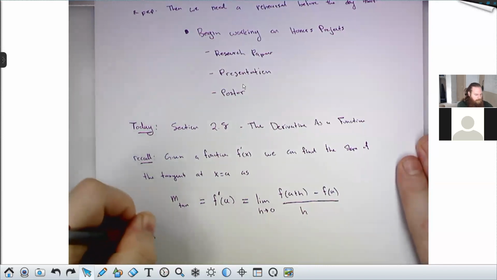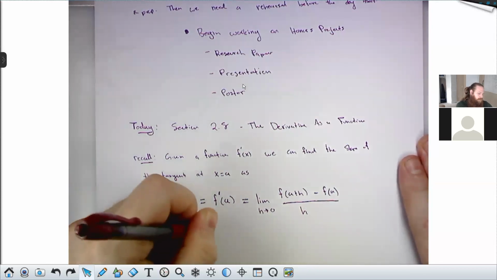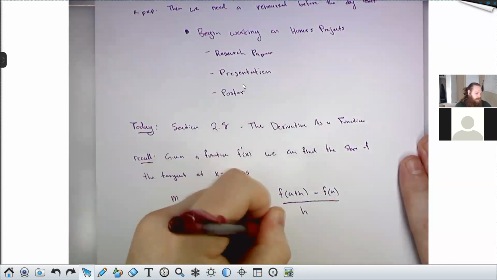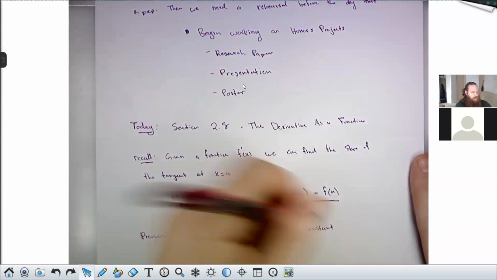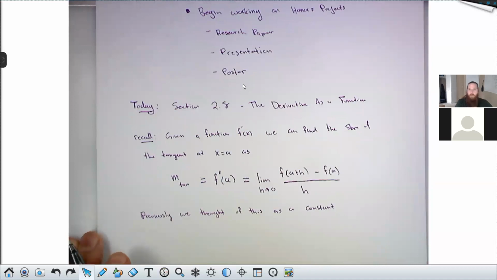And today we're going to start thinking about this. Previously, we thought of this as a constant, right? It's the slope of the tangent line at one particular point. But now what I want to start doing is thinking about all of the slopes, right?